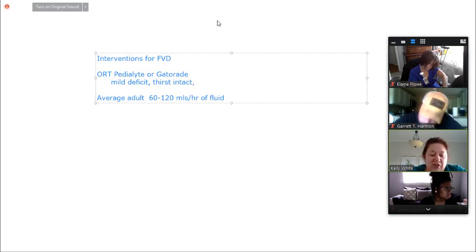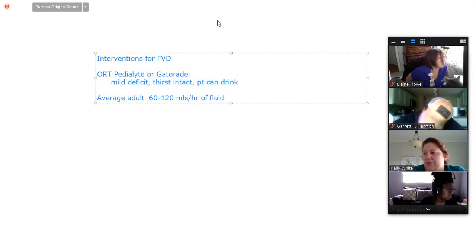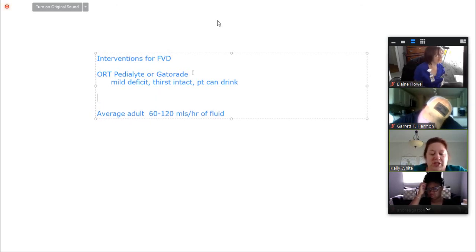And you need to make sure that your patient can drink. If they have swallowing trouble, or they're completely out of it and it's not safe for them to take POs, then you're not going to offer them those PO fluids. With infants and young children, you can offer them a few teaspoons every few minutes.